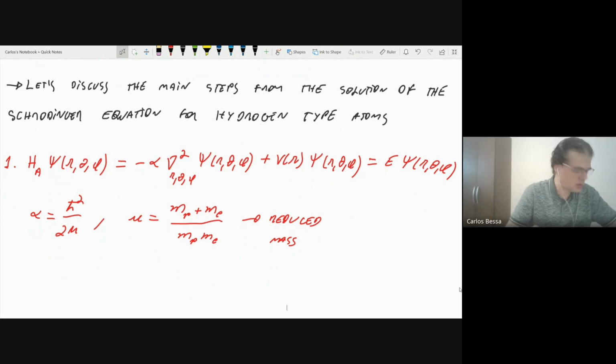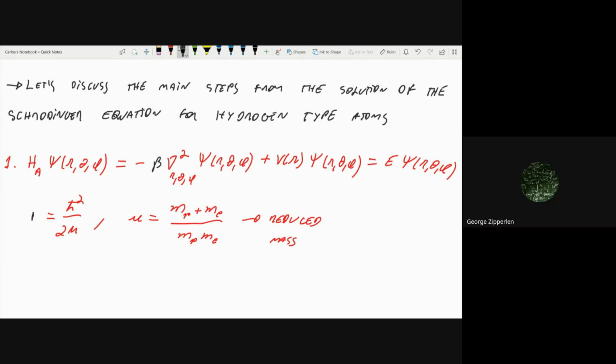Not this here. The fine structure constant is related to h bar and c, the speed of light, not this. This alpha, no, this is not a good name. So let me change it to beta. Oh, thank you.